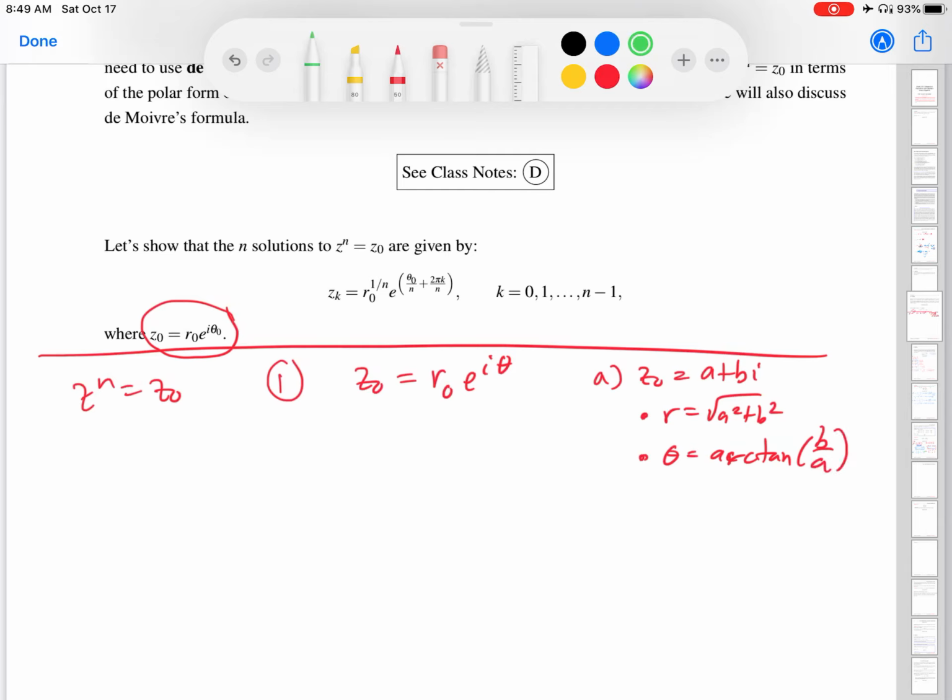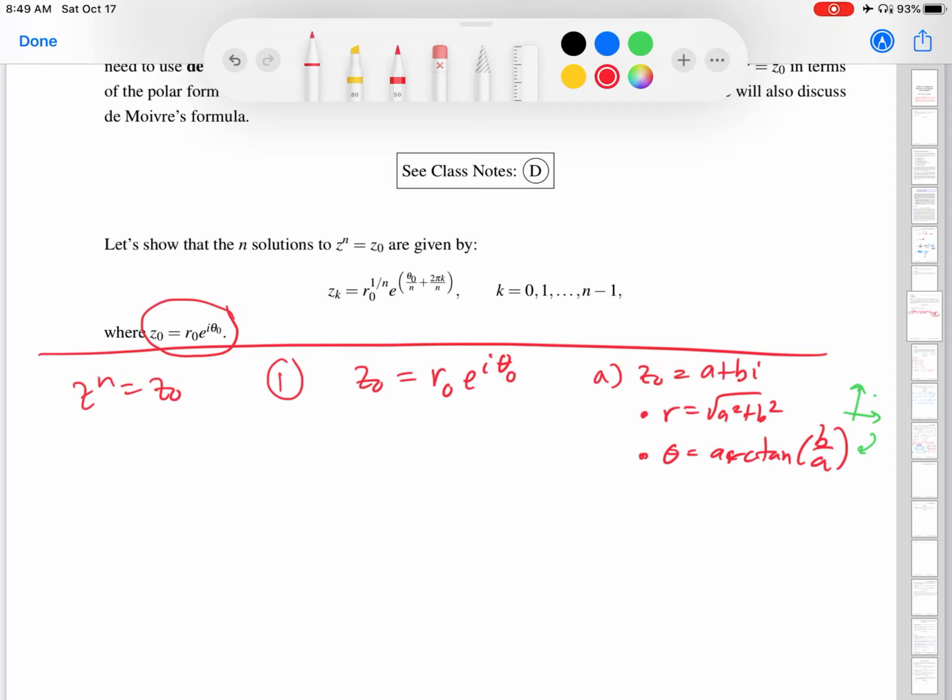Again, I'll write it here so you remember, use the Cartesian plots to help you have more confidence that the theta value you find is in fact the theta value that corresponds to the Cartesian expression of the point. I'll put a theta sub 0 and r sub 0 here to remind you that this goes with z sub 0. So step one: decompose z sub 0 into its polar form.